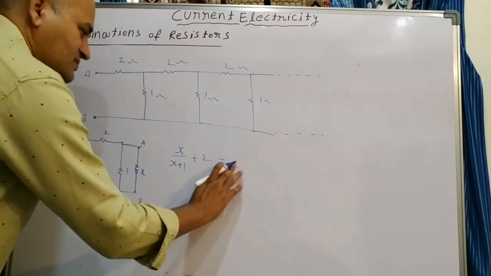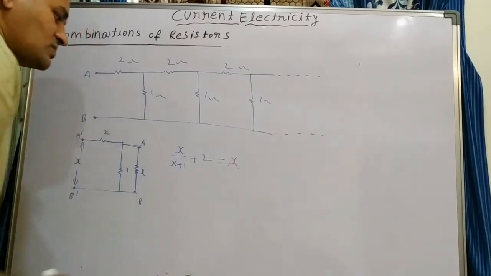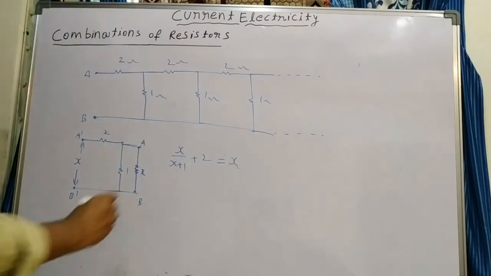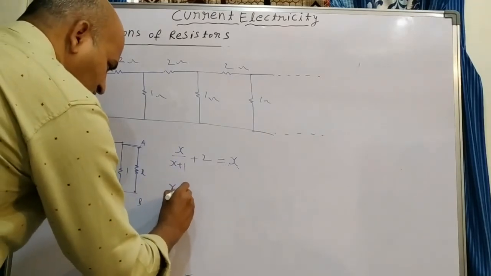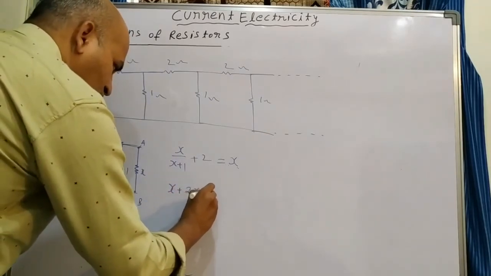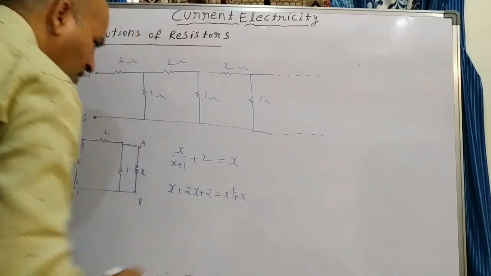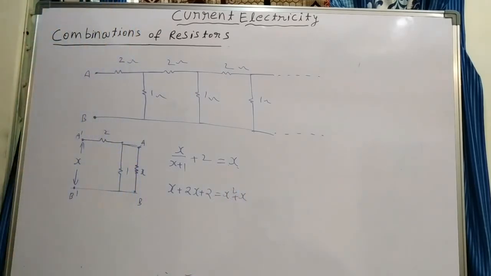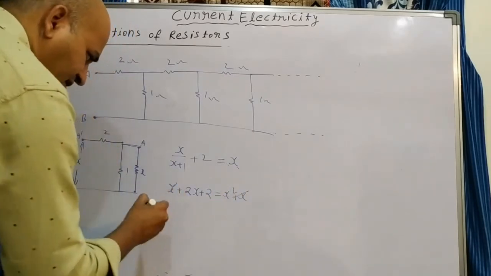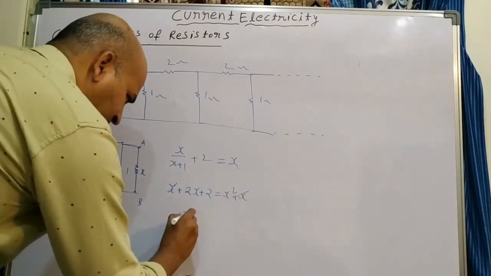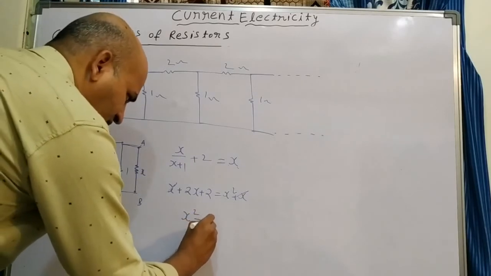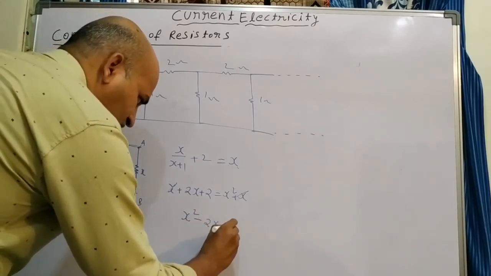Equal to X. Make it LCM and cross multiply. What you get? X plus 2X plus 2 is equal to X square plus X. So 1X gets cancelled. So what do you get finally? X square minus 2X minus 2 is equal to 0.